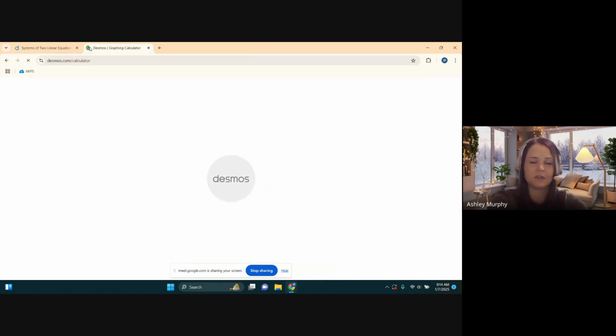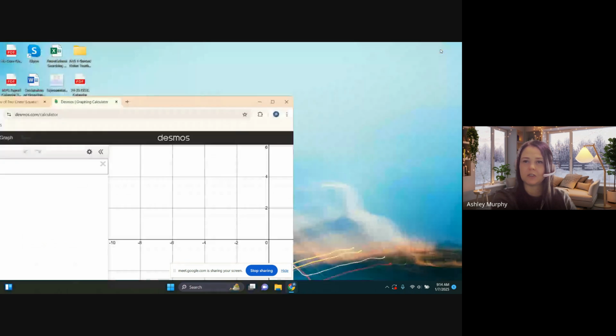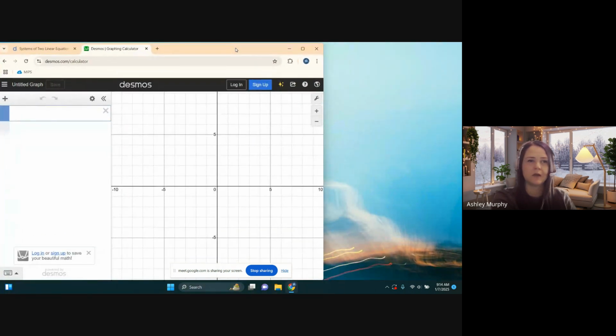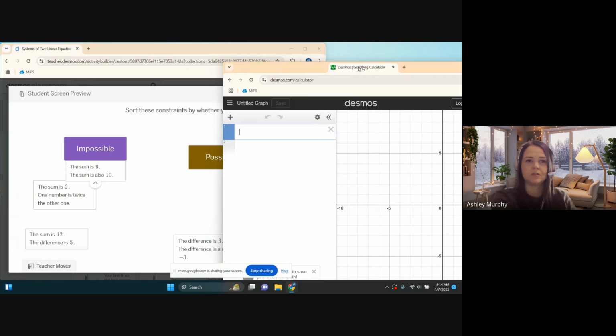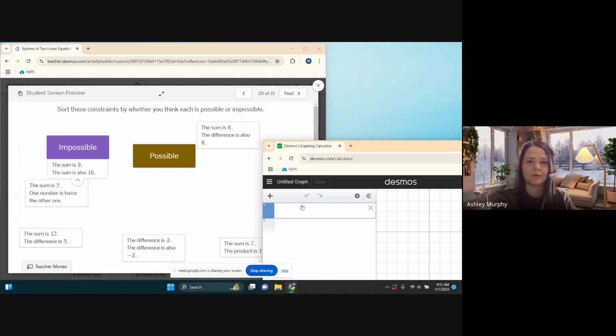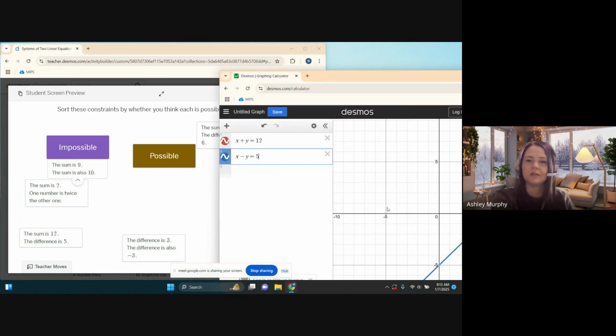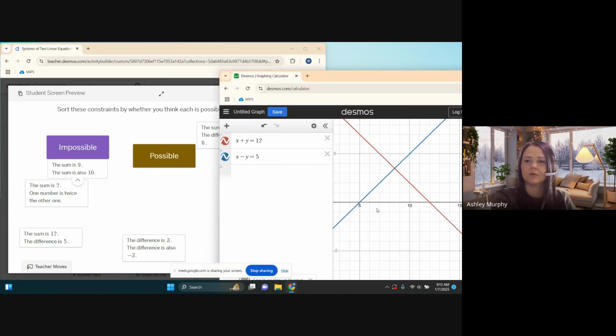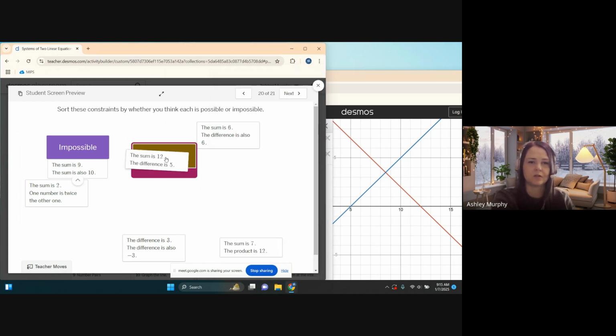I hate just to have you try to do everything with mental math, so let's do a little bit of checking. How about check that bottom? The sum is 12 and the difference is 5. And as long as the lines intersect, then we know there's a solution. So that one works. That's possible.